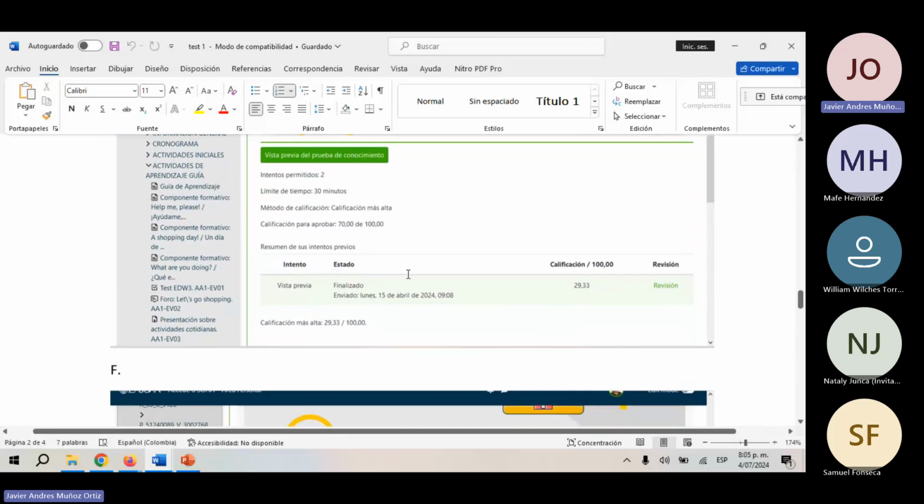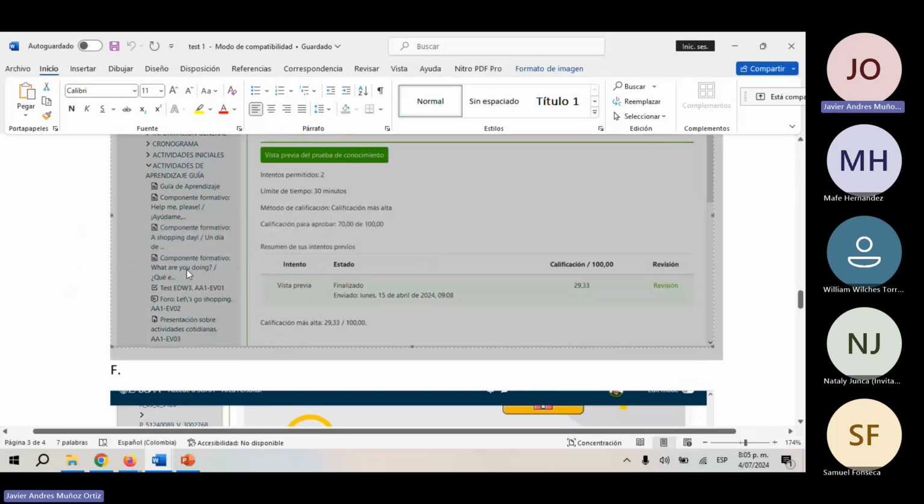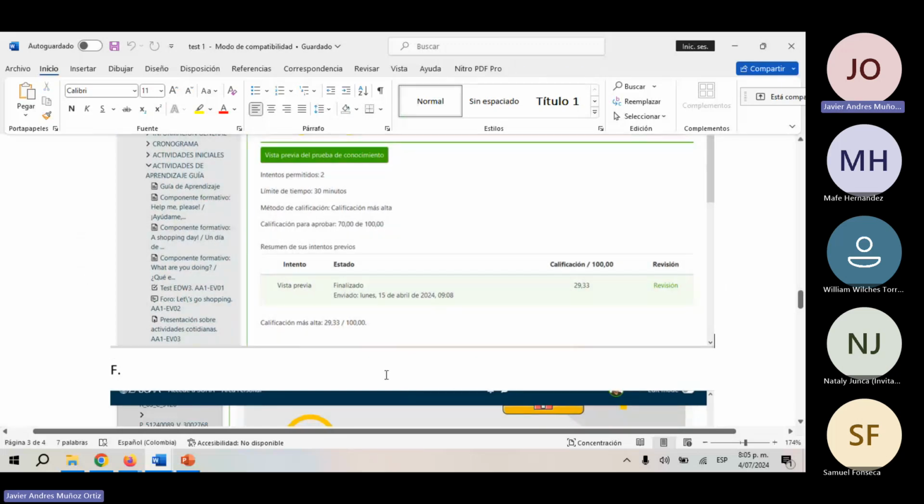And at the end, when you finish the test, you're going to find a text saying what's your score between 0 and 100. So between 70% and 100% will mean that you have already passed the test.